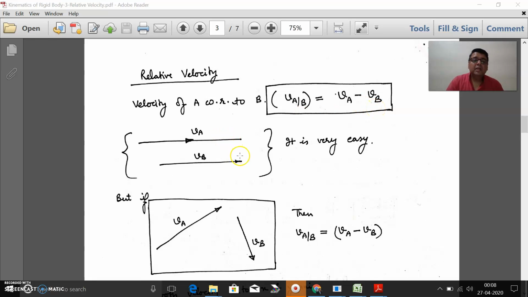Okay, and it is very easy. You can always do it. It is like if two trains are going on parallel lines, and these two trains are moving at the same speed, then the passengers of both trains can even shake hands with one another.